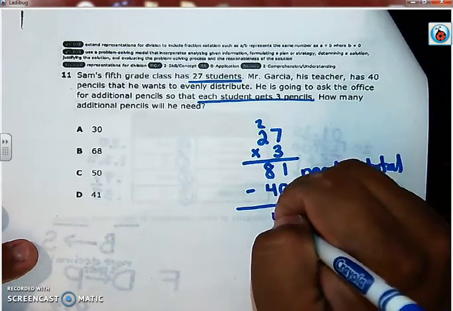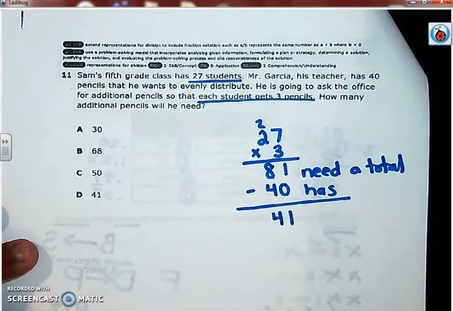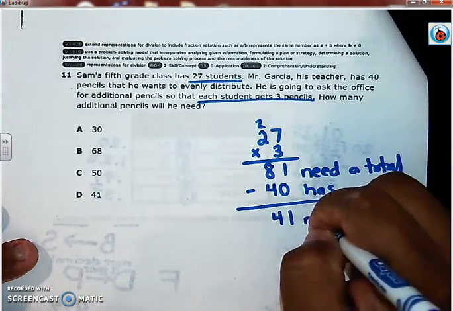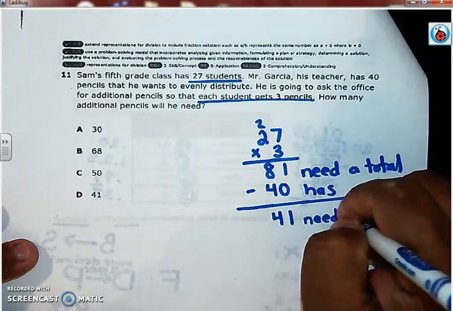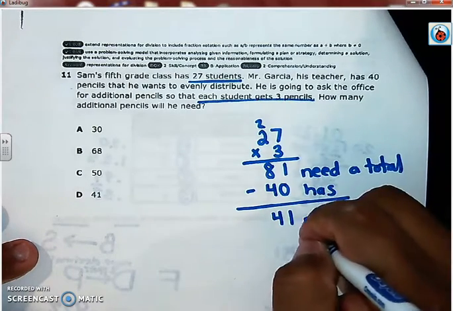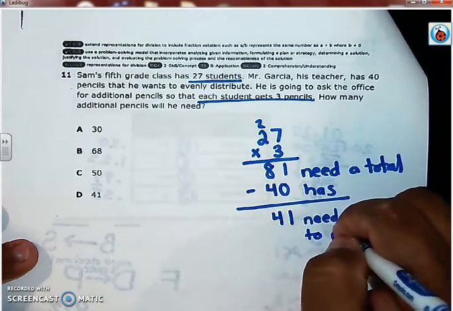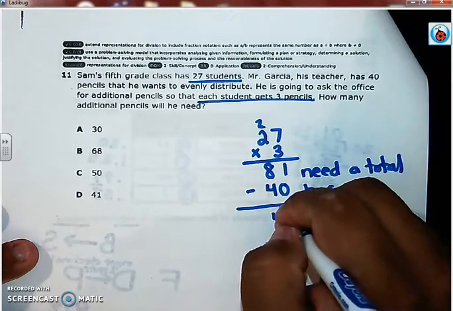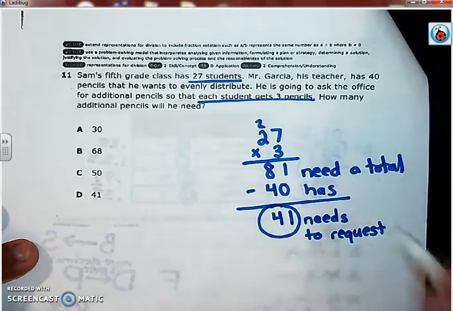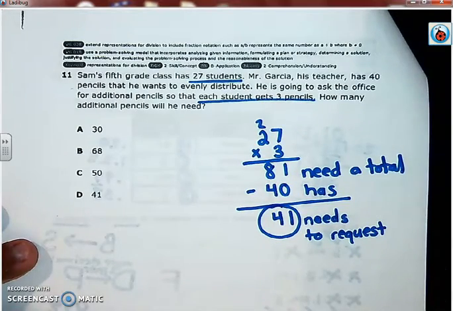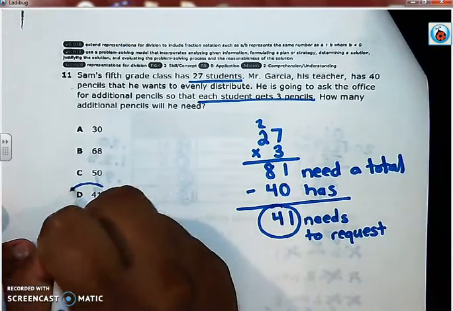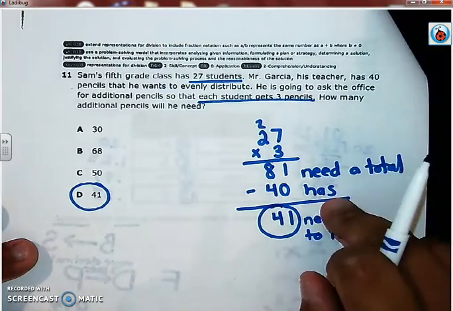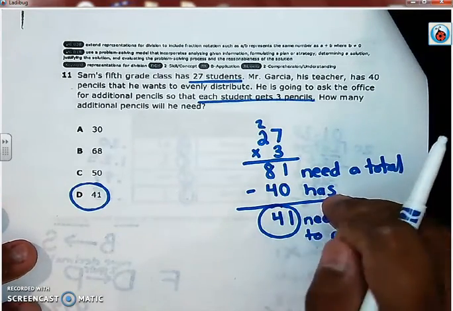That's going to leave him with 41 pencils he still needs to request. So he needs 41 more to complete his task of each student getting 3 pencils.